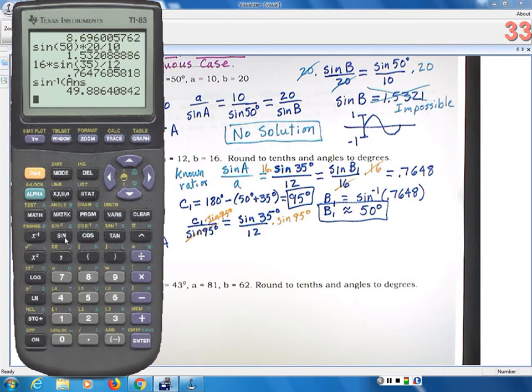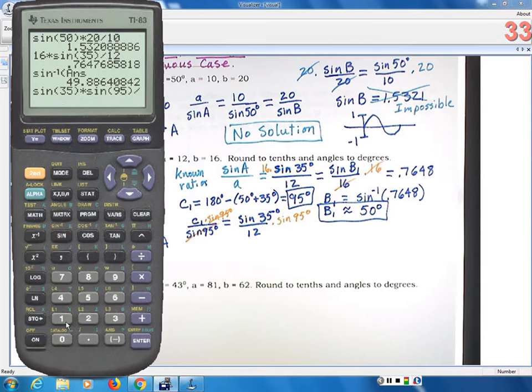Sine of 35 times sine of 95 divided by 12. And I closed all my parentheses, right? Yes.